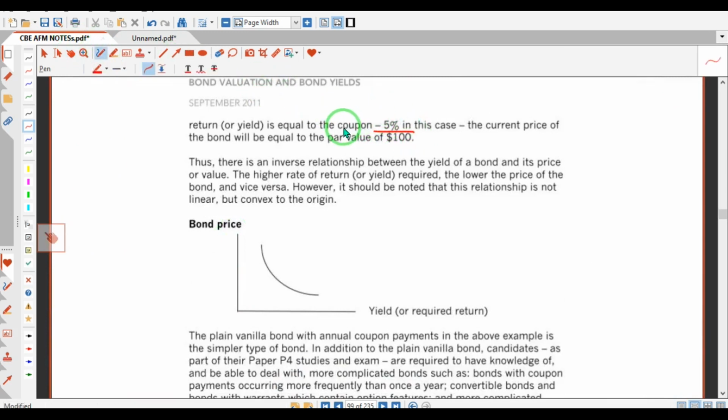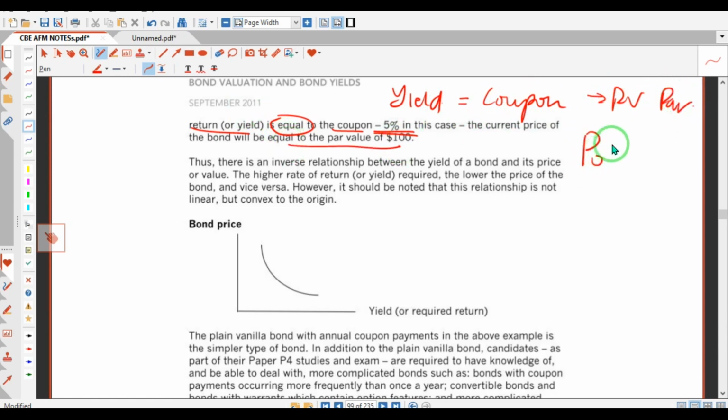If the coupon is 5 and the yield is also 5, just remember this in the exam, don't waste your time calculating: if the yield equals the coupon and the redemption value is at par, then the price is guaranteed to be at par value. It will be at par, whether $100 or whatever par is given in the question.